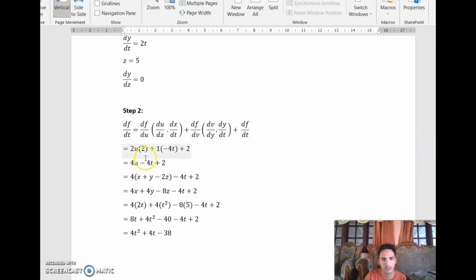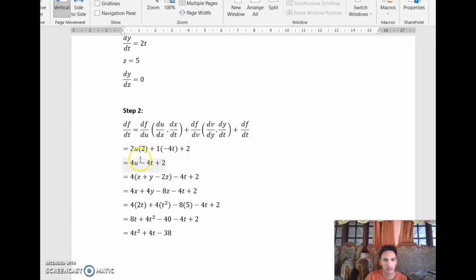For the first one, we get the formula for the question: 2u times 1 plus 1 times negative 4t plus 2. For simple mathematics, we get 4u minus 4t plus 2.